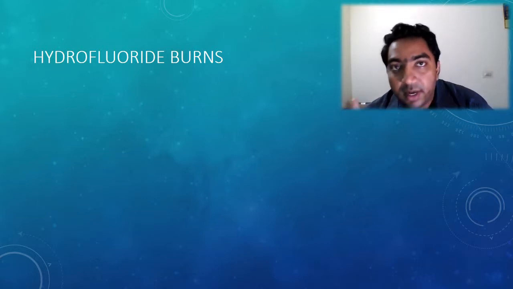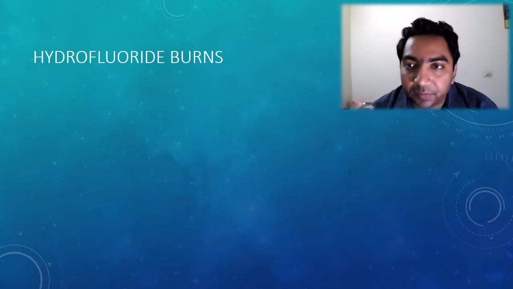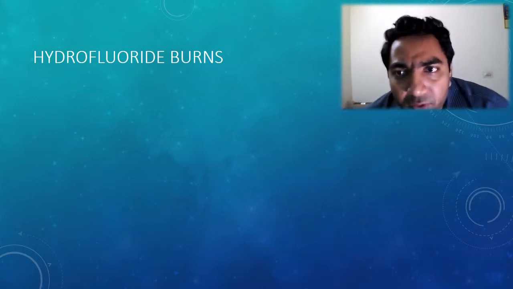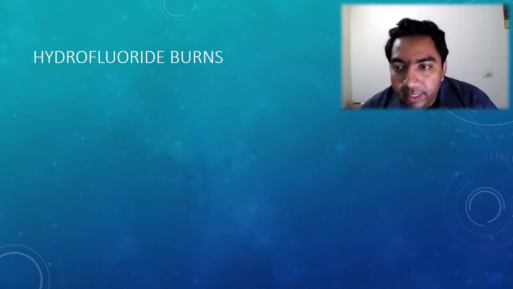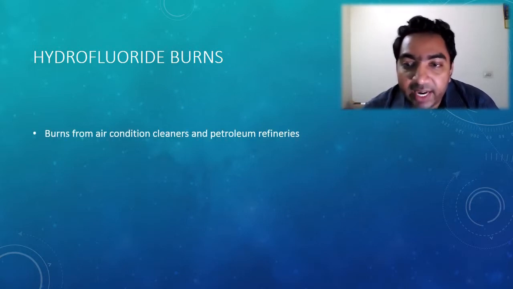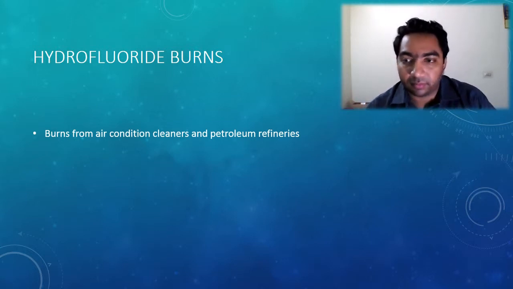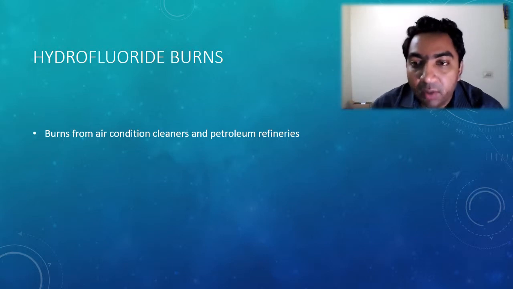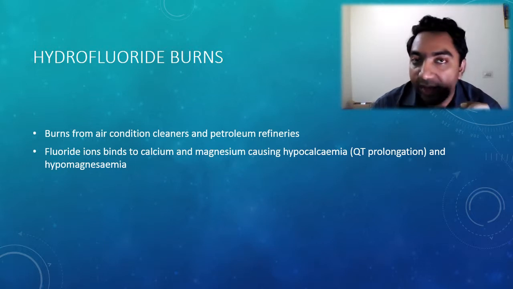Hydrofluoric acid burns are a special category of caustic injury. How does a person get hydrofluoric acid burns? They generally get burns from air conditioner cleaners and petroleum refineries. The fluoride ions bind to the calcium and magnesium, causing hypocalcemia and hypomagnesemia.